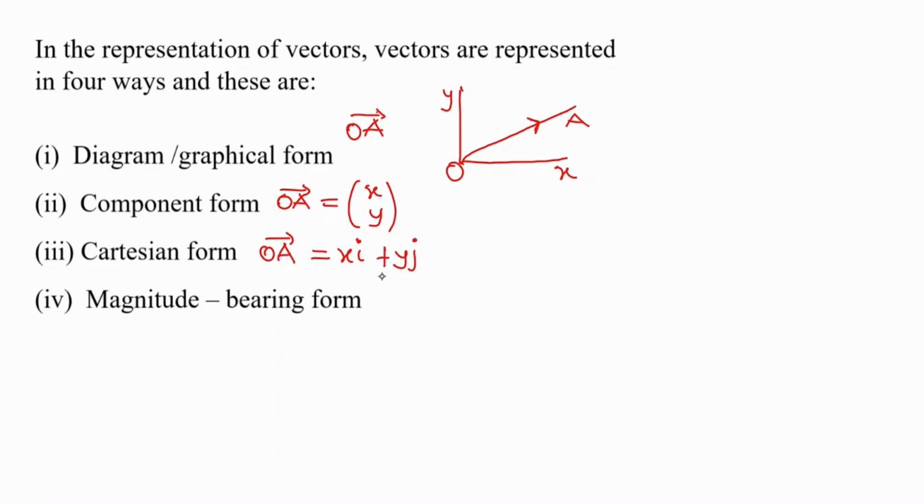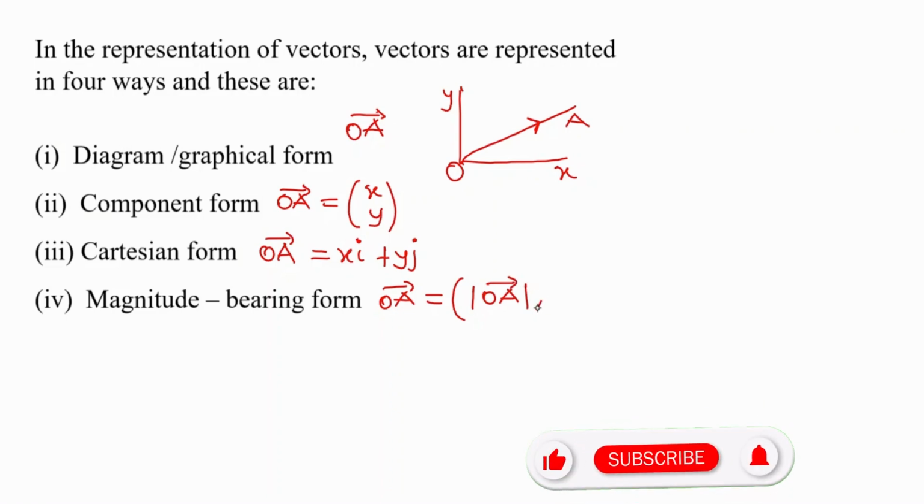The next one here is the magnitude to bearing form, and the magnitude to bearing form of the vector OA simply means that we are going to take into consideration the length or the modulus of the vector OA. That becomes the length of the vector OA, comma, the bearing. So the bearing basically talks about the direction of the vector OA.